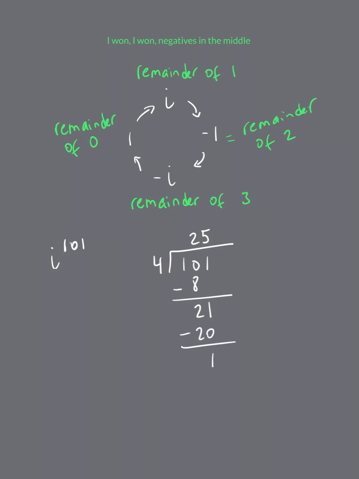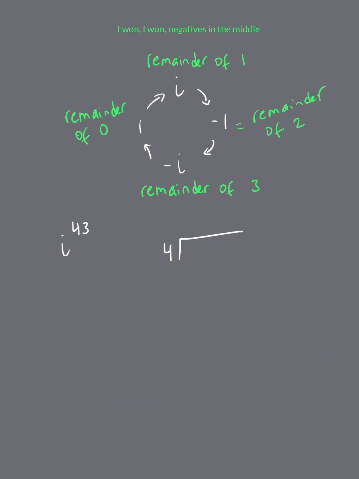So since we have a remainder of 1, i to the 101st power is equal to i. For our next example, let's do i to the 43rd power. If we divide 43 by 4, then we would have a remainder of 3. Since we have a remainder of 3, i to the 43rd power is equal to negative i.